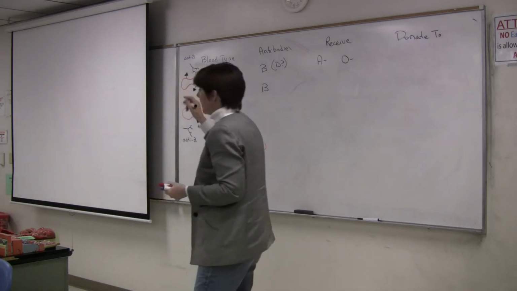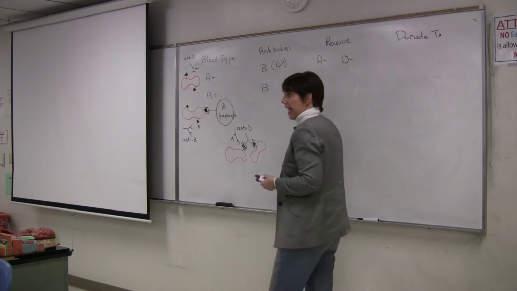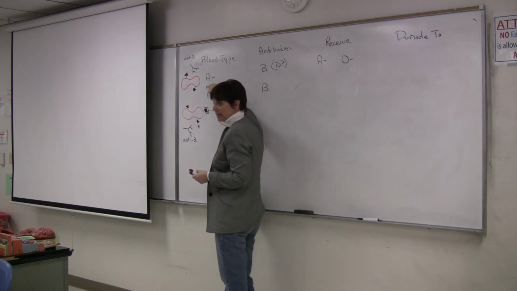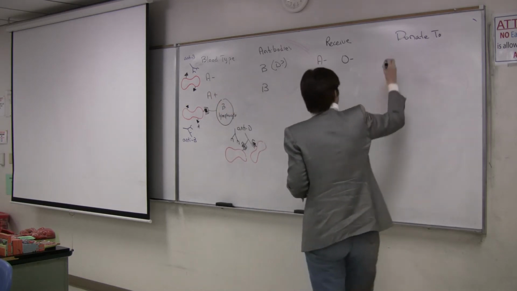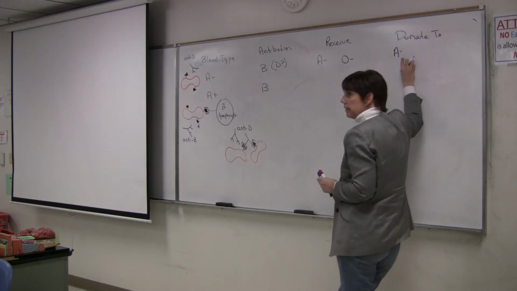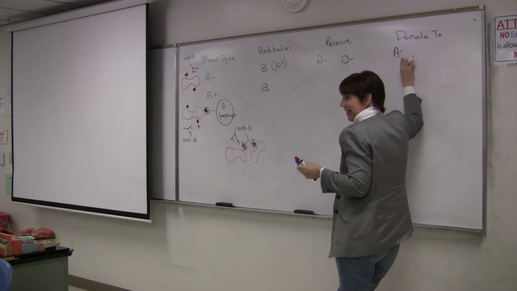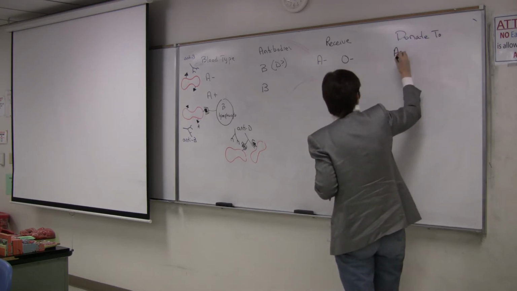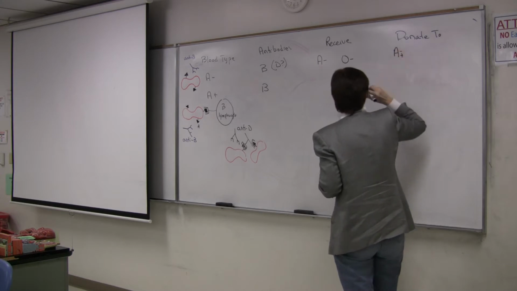So my blood type is A. So I can't give to anybody that has A antibodies. All right? So I can give to A negative. Can I give to A positive? Yes. Because A negative is nothing. There's nothing D-wise that has to do with that. So I can give to A positive.